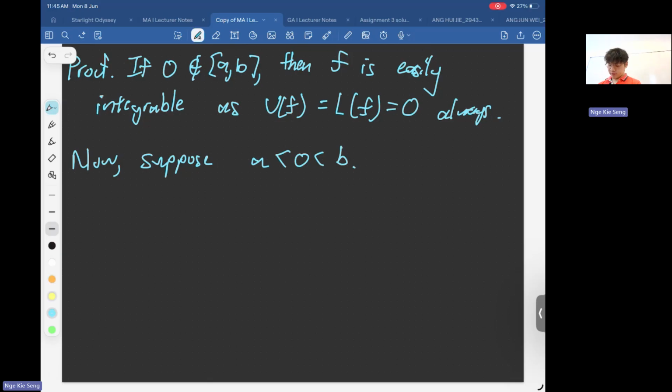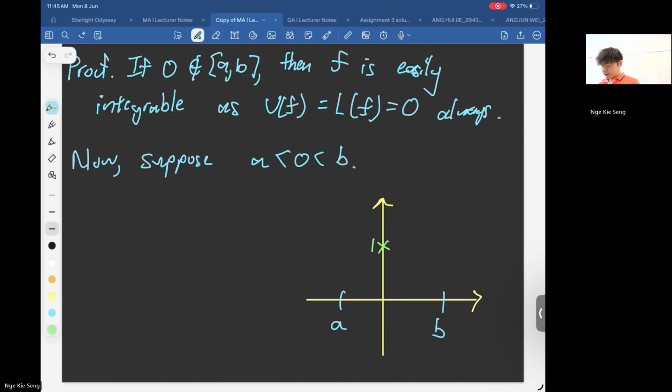Maybe let's draw a picture to help you. Let's say the points a and b are here, and then you got this problematic point here. How do you build your partition?